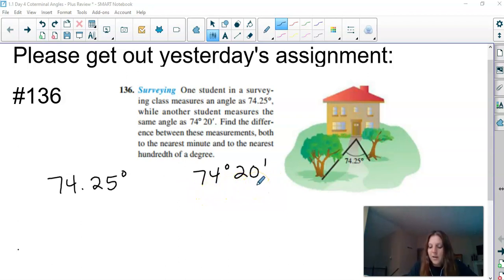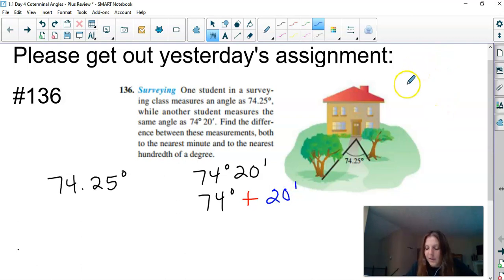I do that by bringing out the full degrees, and I'm going to bring out the part of a degree. So that's going to be the 20 minutes. If you remember from the last assignment, 1 degree is equal to 60 minutes. So if I want to figure out what part of a degree this is, all I have to do is take that number and divide by 60.